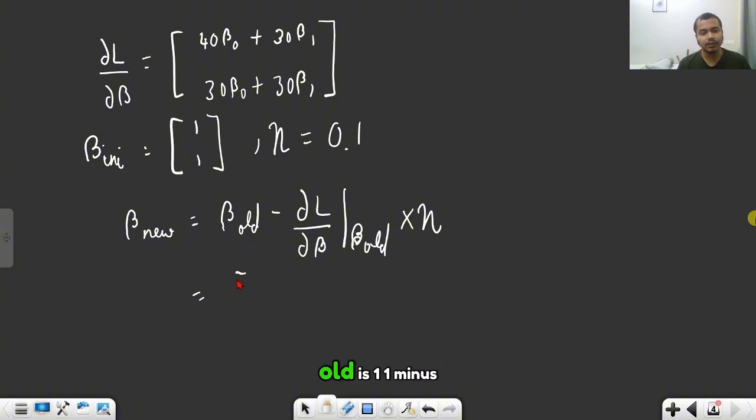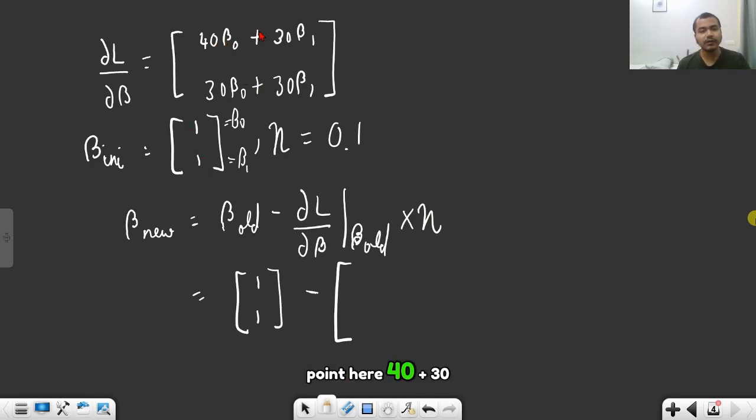So beta old is (1, 1) minus, now just put this (1, 1) in this place. The above one is beta naught and the below one is beta 1. If we put this point here, 40 plus 30 is going to be 70, and 30 plus 30 is going to be 60, into eta, which is 0.1, that is 1 by 10.